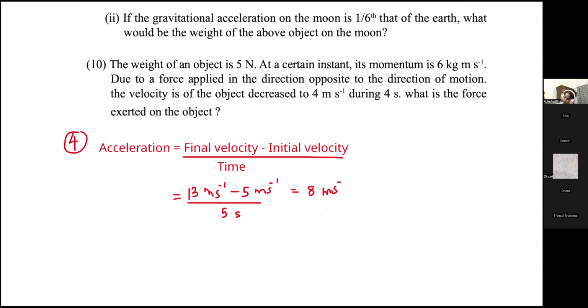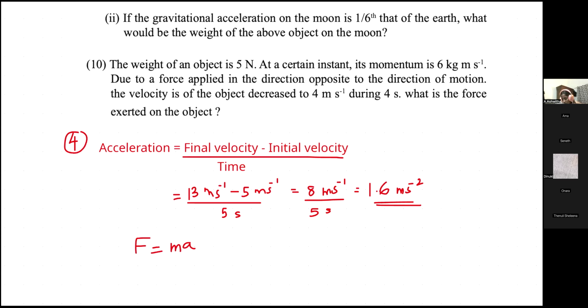Divided by 5 seconds, we have 1.6 ms minus 2. 1.6 ms minus 2 is the acceleration, right? Then we know we can use F equals ma.